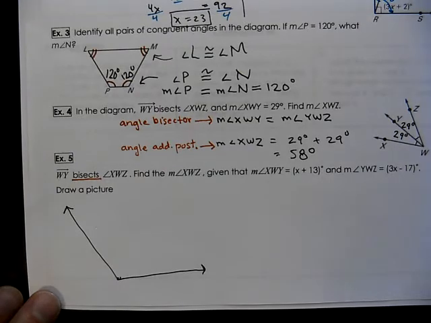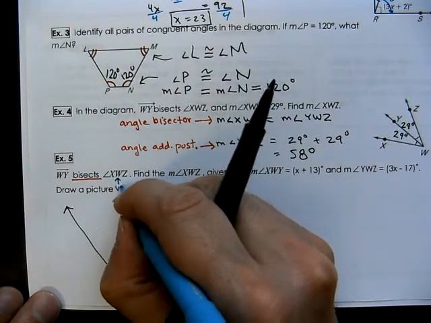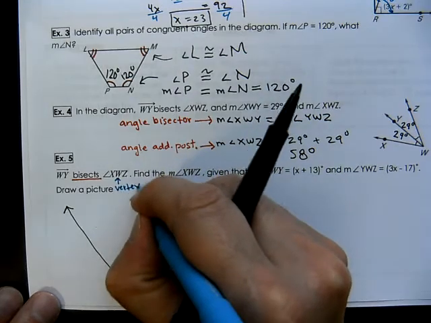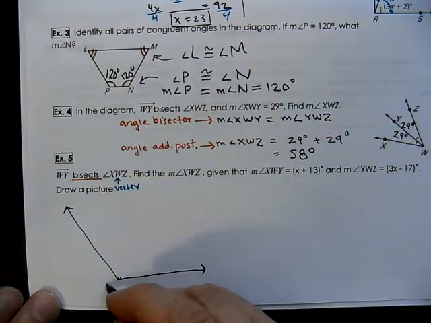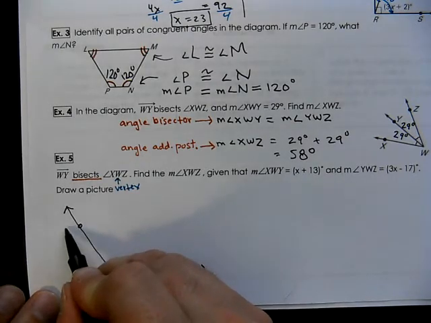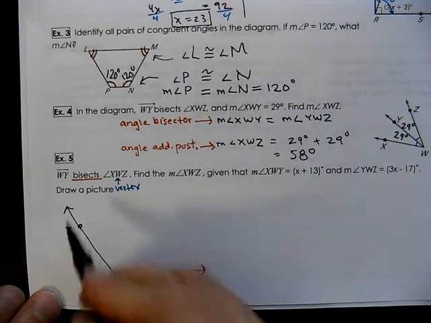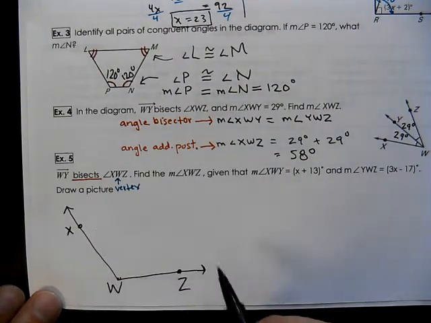Now remember, that middle letter is your vertex of the angle. So because W is in the middle, we put W at the vertex. One of the rays gets the X, the other ray gets the Z. There's angle XWZ.